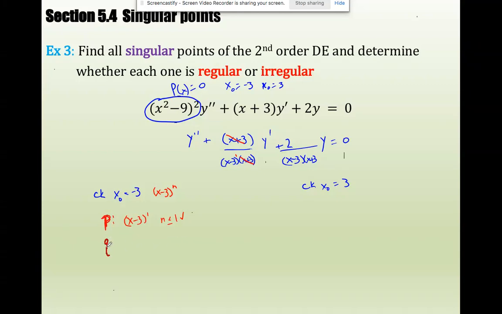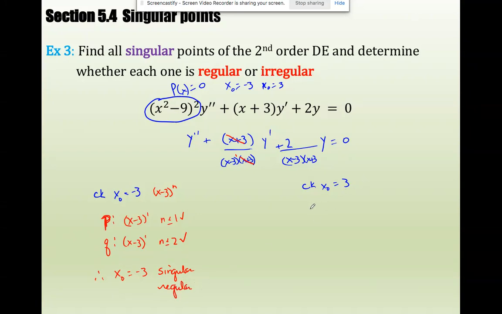It's little q. X minus 3 is to the what? Also to the 1, but for q, n just has to be less than or equal to 2. Check. Therefore, x sub 0 is singular, but it is regular.